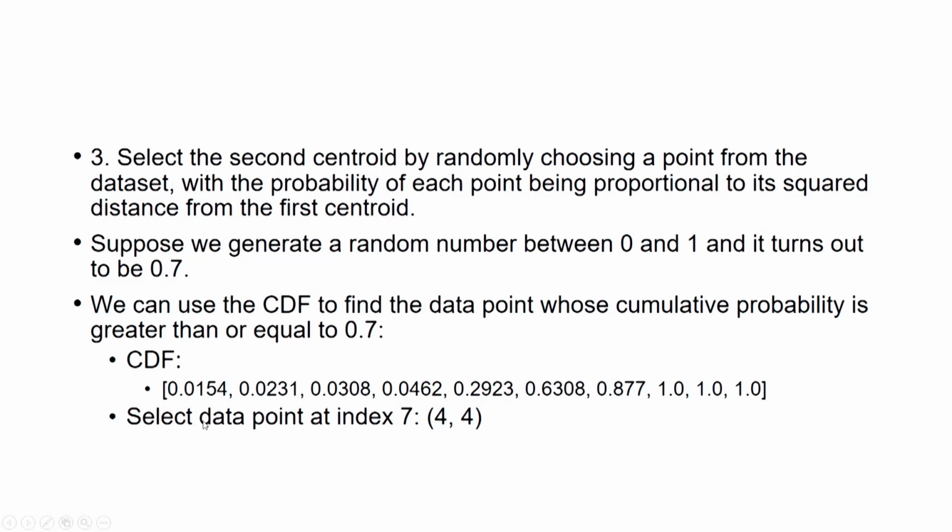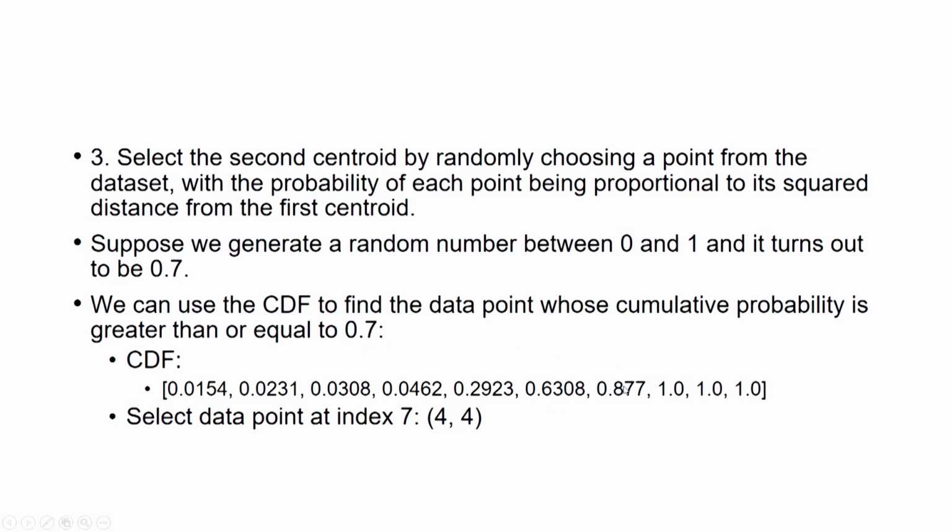Since the randomly generated number was 0.7, here we see this number that is just greater than or equal to 0.7. This probability was less than 0.7, this one is greater than 0.7.